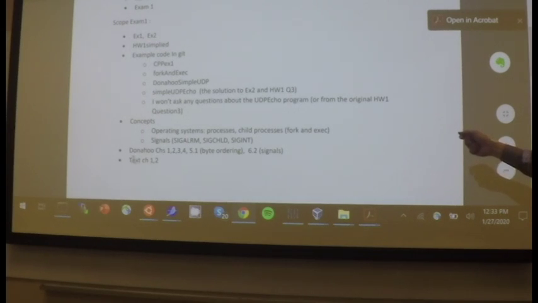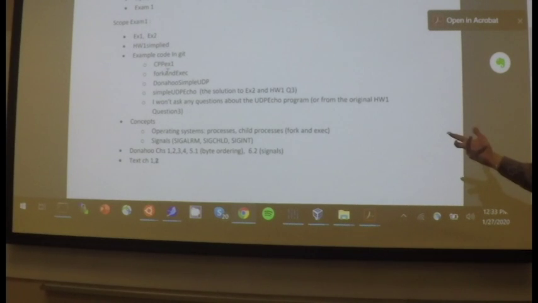Okay, so text chapters 1 and 2, I need to change that. All of Chapter 2 is not required, just Section 1 of Chapter 2. But in Donahue, chapters 1, 2, 3, 4, and then 5.1 and 6.2. And then this represents the set of code that we're looking at in the exercises and the homework.